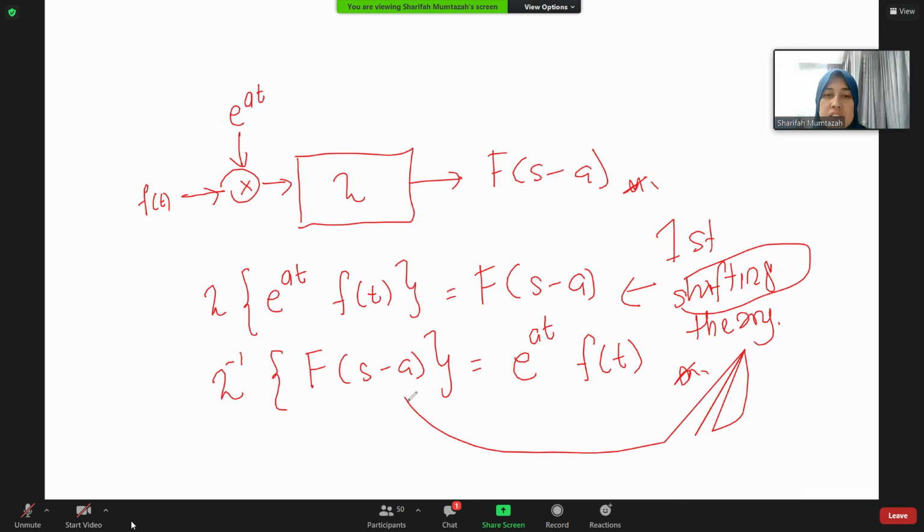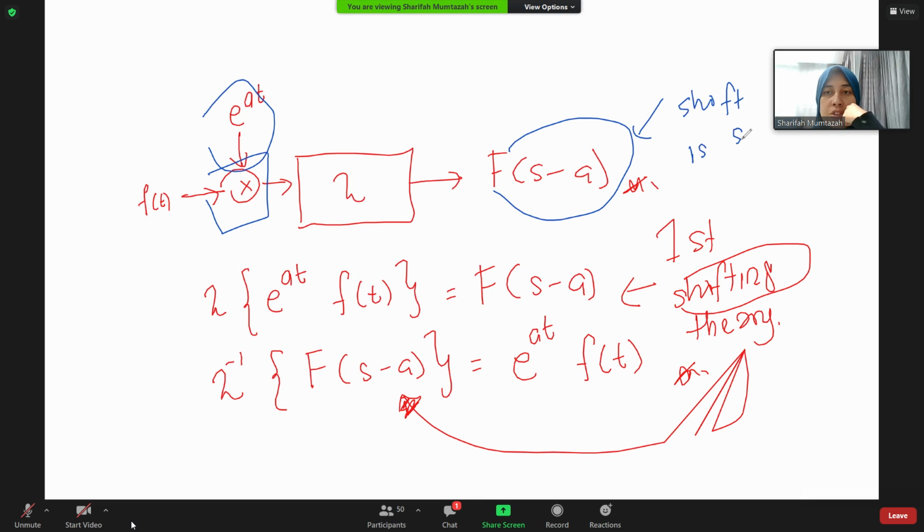But remember, it is multiplication in the time domain, shifted in the frequency domain. Later you will also have the second shifting theory. That is the opposite: you shift in the time domain. We'll go to that later.